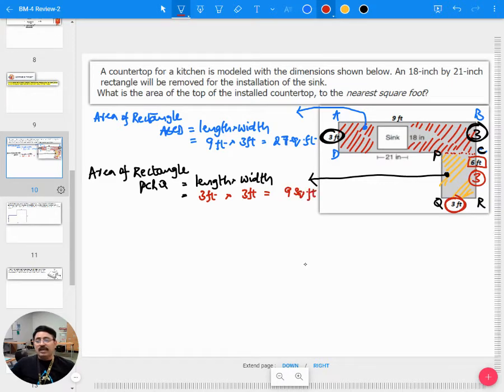So, L shape means the horizontal one and the vertical one are connected, attached. Therefore, these two are to be added. Therefore, 27 plus 9 gives me 36 square feet. Right?